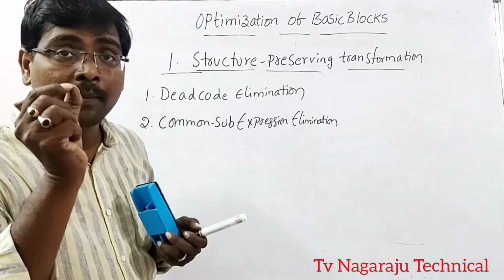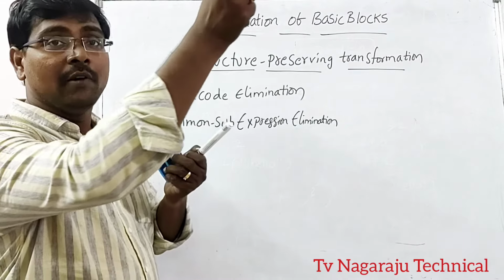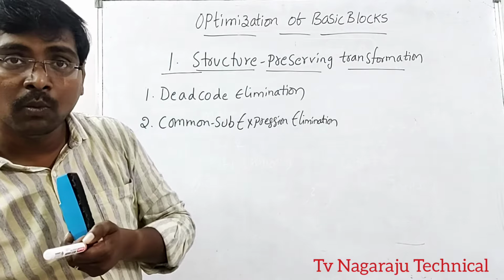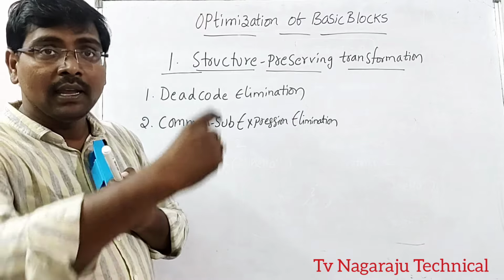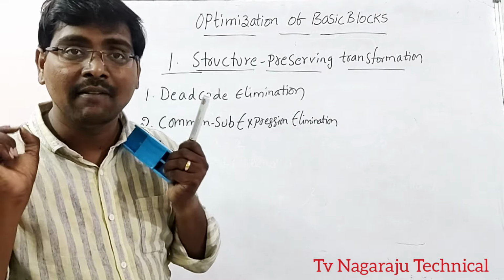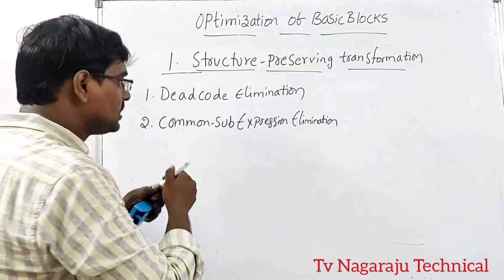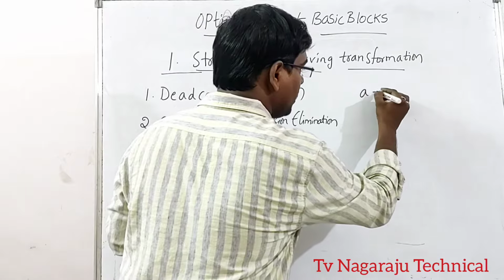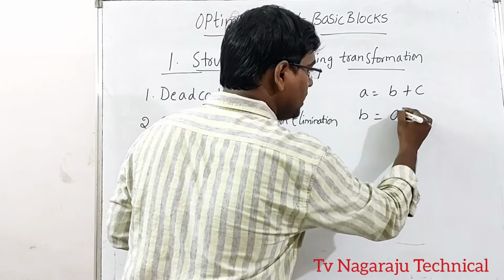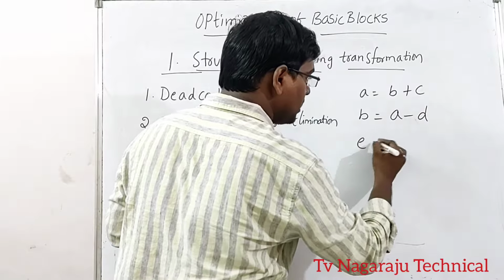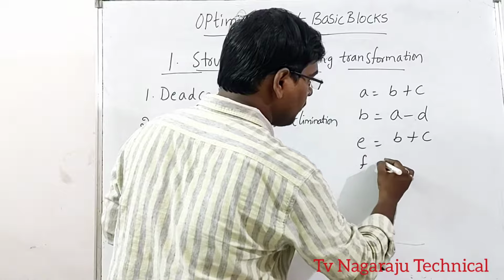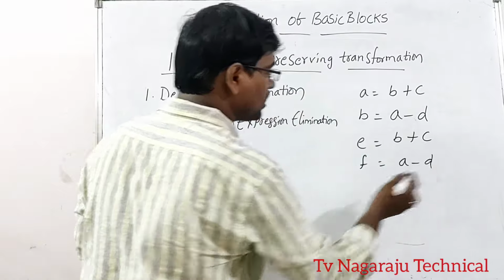But remember one point: if the expression comes one more time, in between we must not have updated the value. Clear? Consider an example, you will understand clearly. a is equal to b plus c, b is equal to a minus d, e is equal to b plus c, f is equal to a minus d.